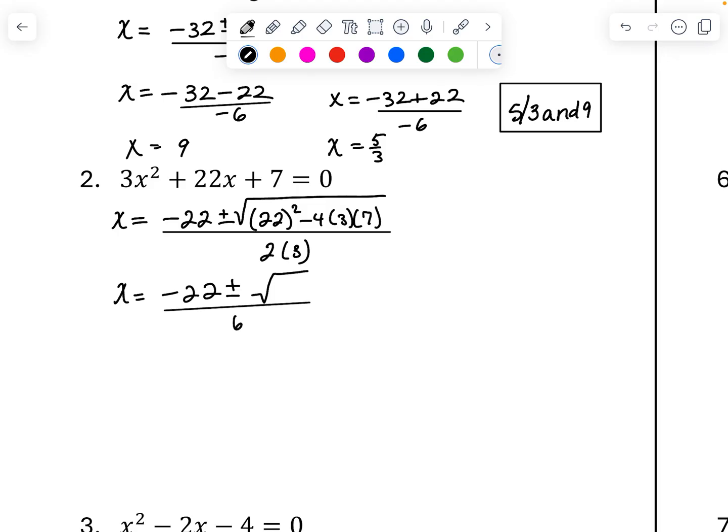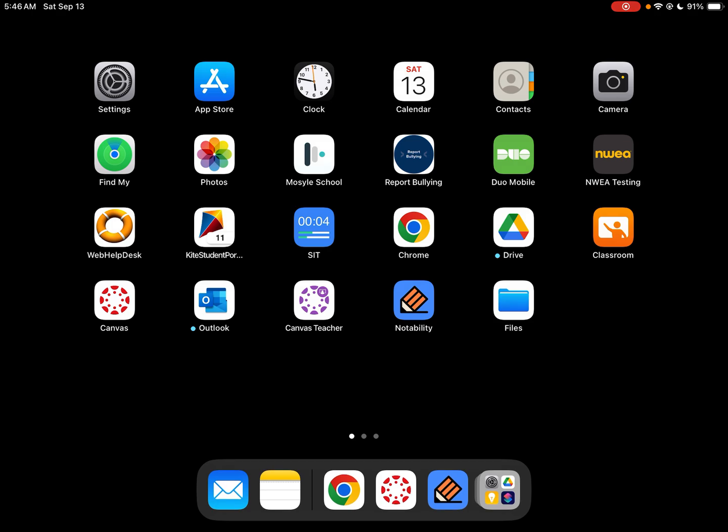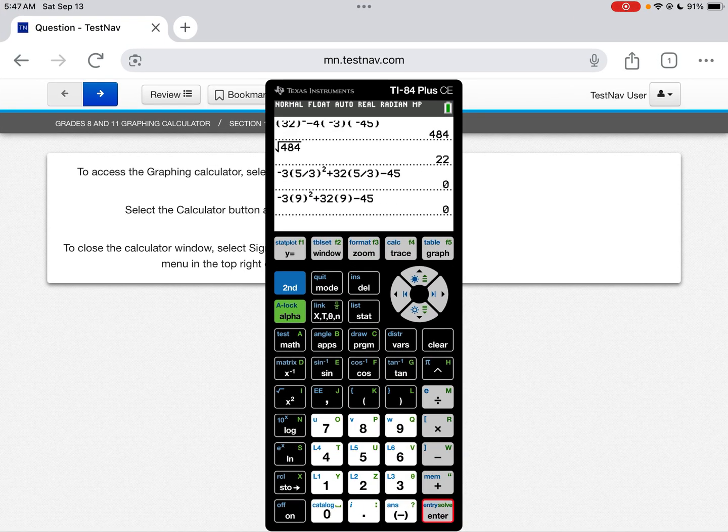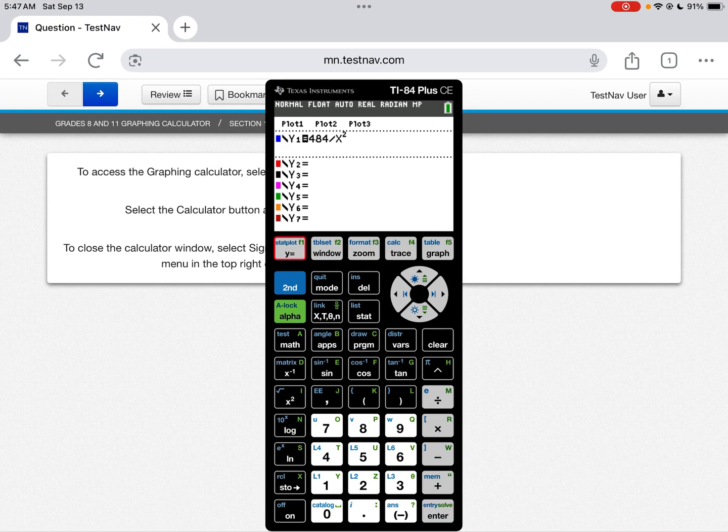And I'll grab my calculator. There we go. I would go y equals, and we don't want y equals, we want just the regular calculator. We would say we have b squared minus 4 times a times c.